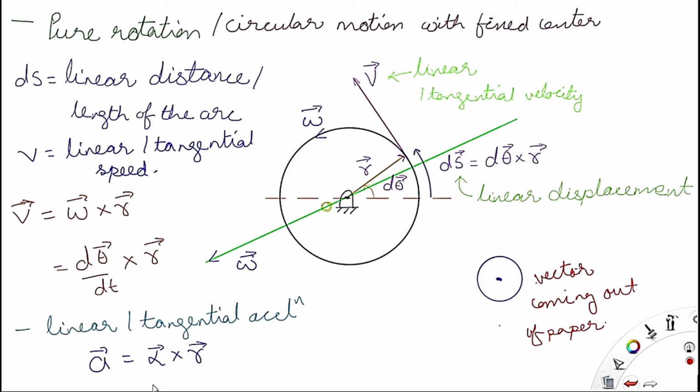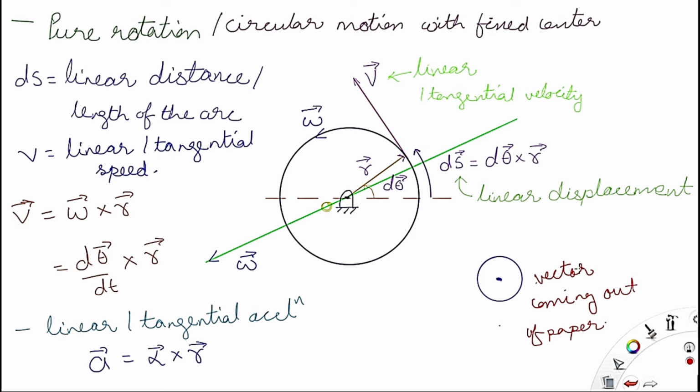So in pure rotation, which is a circular motion about a fixed center, this is the rotational happening. This is omega, and the direction of omega is anti-clockwise. Using the right hand thumb rule, curl your right hand fingers in the direction of rotation, and then the thumb will give you the direction of omega.